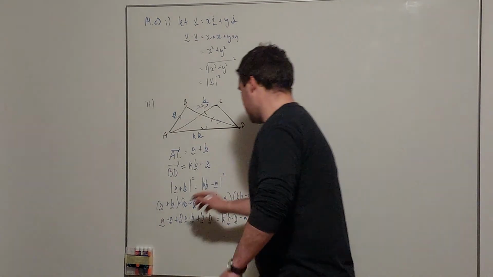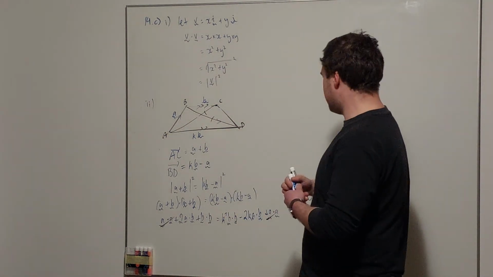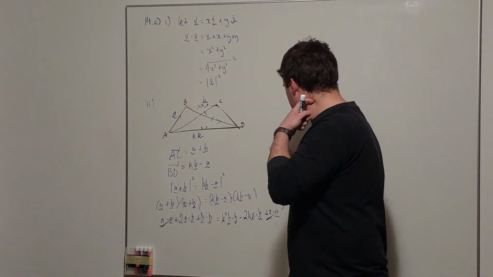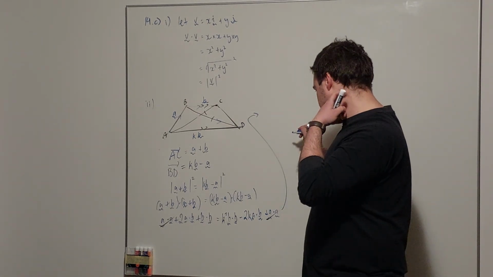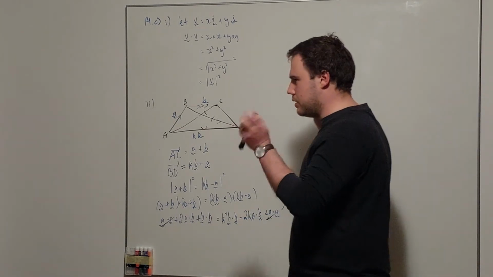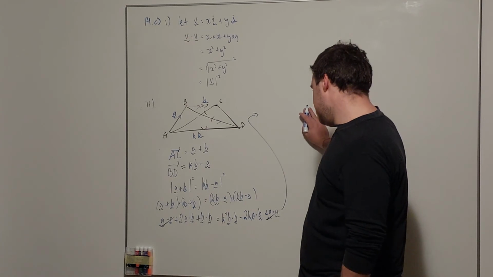Now we've got this term here and here cancel. I'll continue up here. And what are we trying to show? We're trying to make 0 the subject, and then hopefully the left-hand side ends up being right.